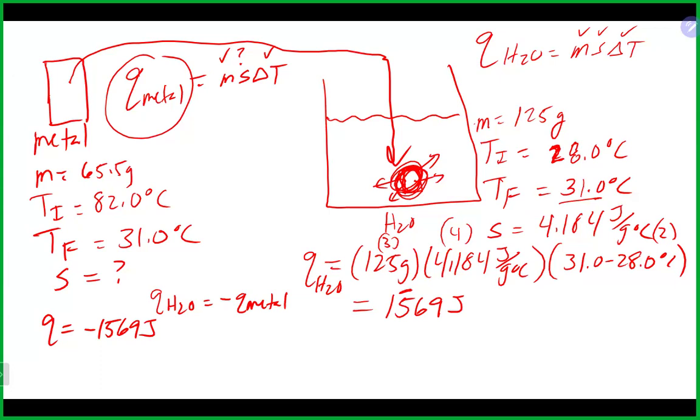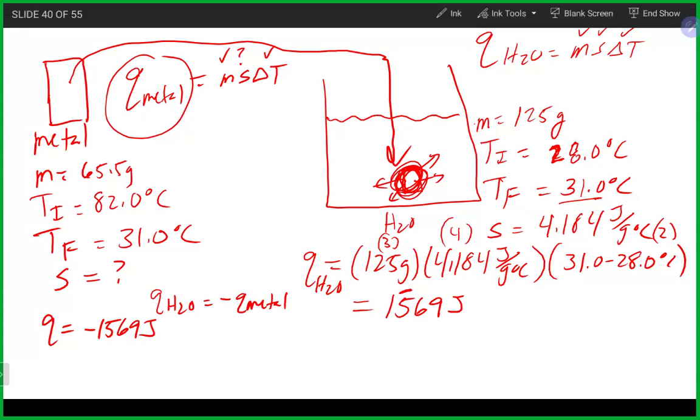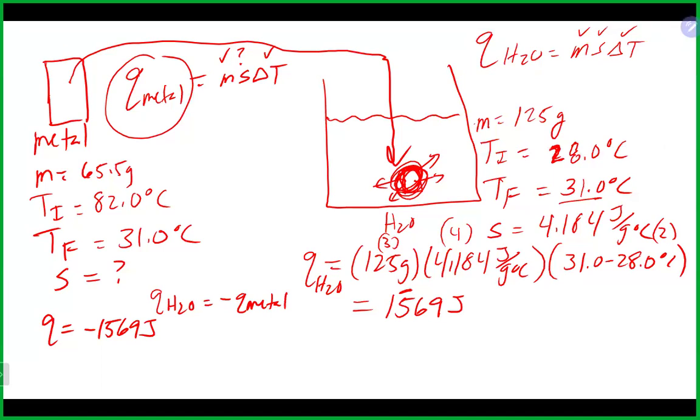So back to our problem here, we do want to figure out the specific heat capacity of the metal. By using that relationship with the water, we now have the missing piece that we needed in terms of the metal to figure out its specific heat capacity. For the metal here, we could solve for S. And once again, we're going to take these two and divide to the other side. That will give us Q of the metal divided by the mass and the change in temperature.